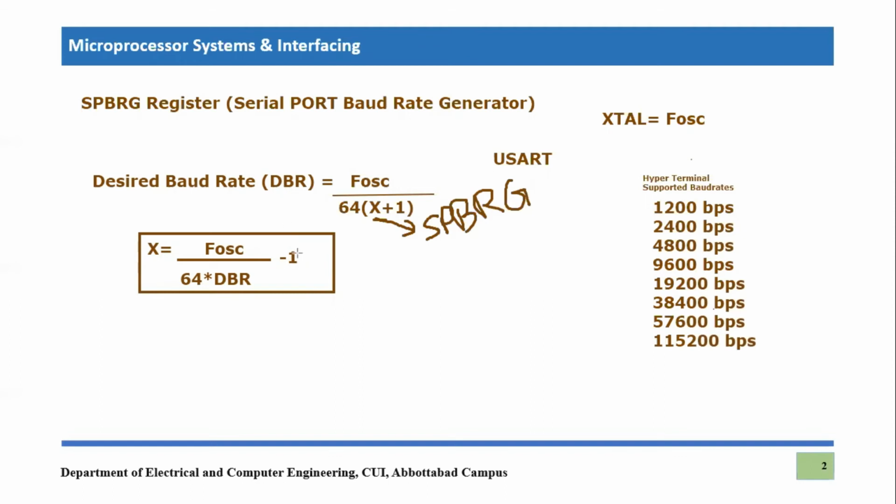I have just reshaped the formula. What we need now are the frequency of oscillator, which is normally given in the application or attached to your device, so it is known, and the DBR.